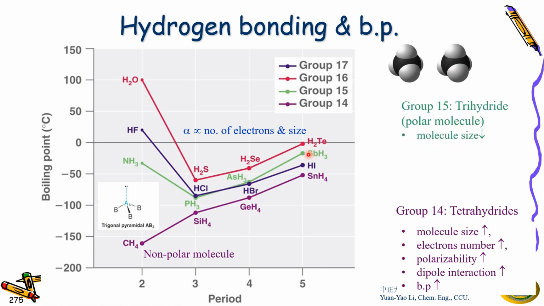If the molecular size is getting smaller, Sb, As, and P getting small, right? So the size is small, and then the polarizability will be small. If the polarizability is small, the dipole interaction will be decreased. If the dipole interaction decreases, that means the van der Waals bond decreases, and then the boiling point decreases.